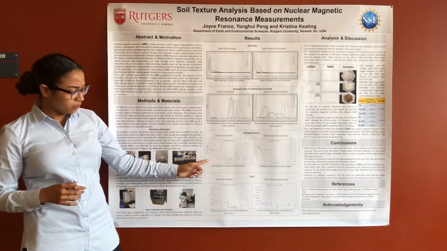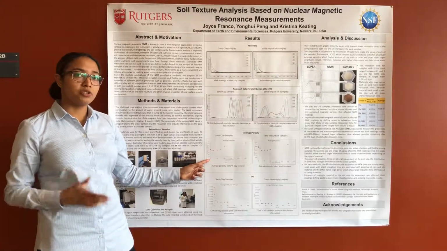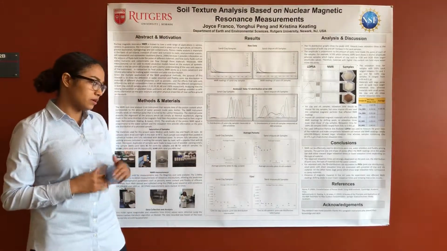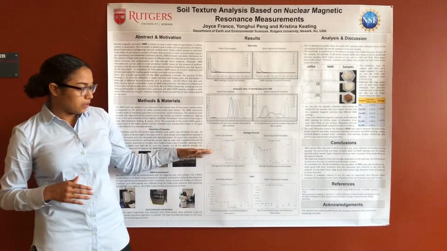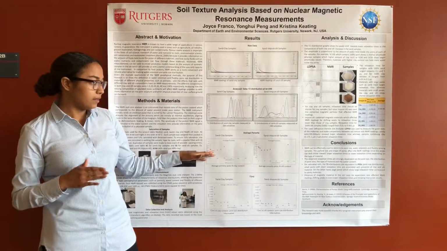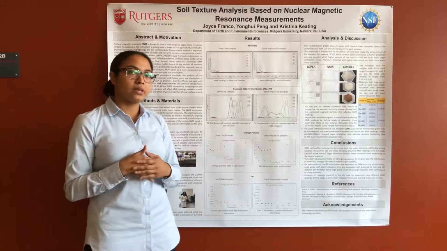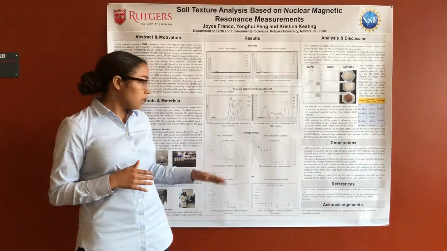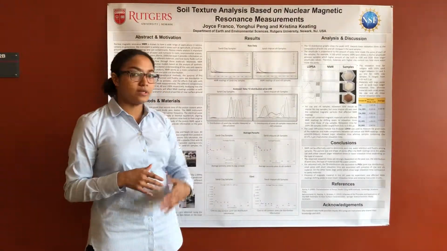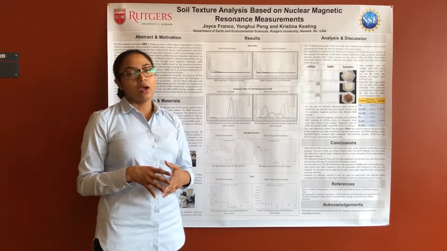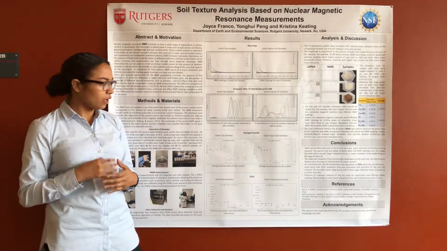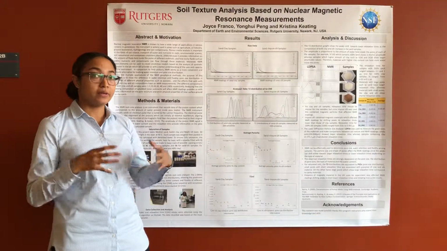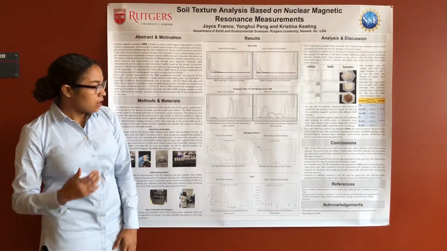For the samples that contain 100% sand, the average porosity ranges between 30 to 35%, and once we increase the amount of clay and silt, the average porosity increases, and this has to do with the pore size distribution, because the amount of small pores increases in the overall sample.